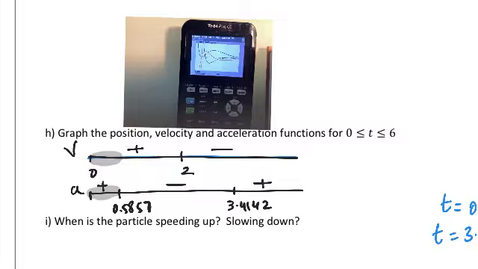You're slowing down from 0.5857 until 2. Then you're speeding up again from 2 to 3.4142, and you're slowing down again after 3.4142 until 6, right? So speeding up in the blue regions and slowing down in the red regions.